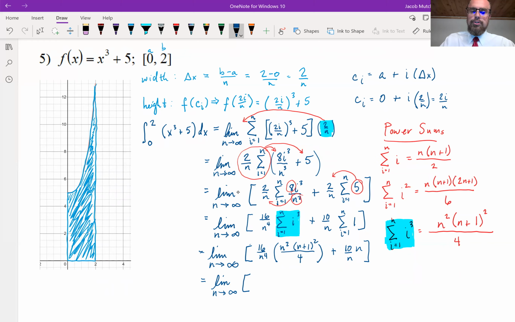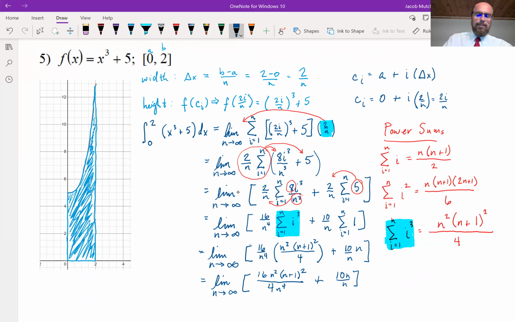Let's just merge those two fractions for a moment: 16n squared times (n plus 1) squared over 4n to the power of 4. And from our second multiplication, 10 over n times n is going to be 10n over n.